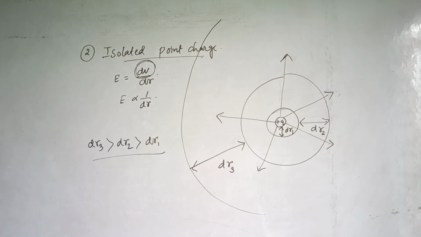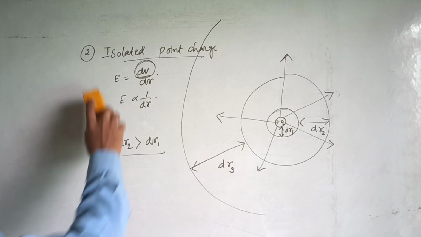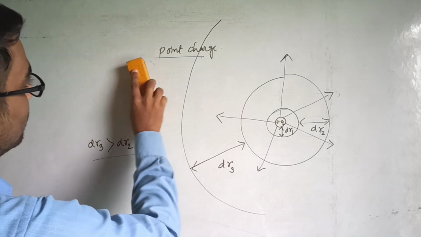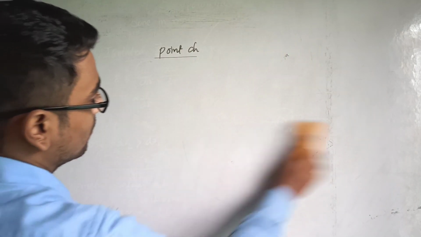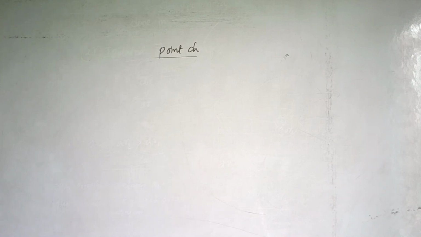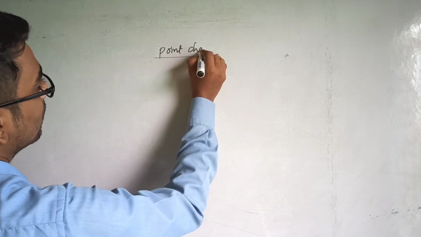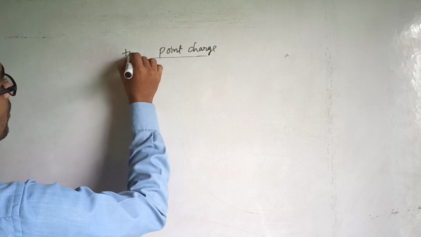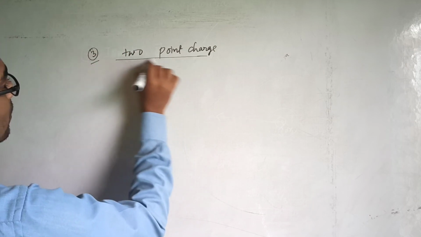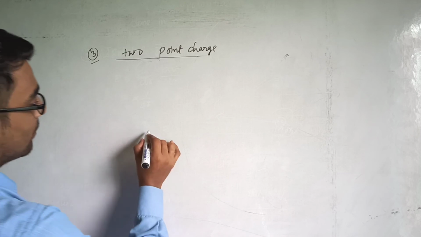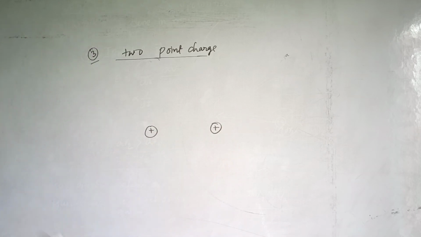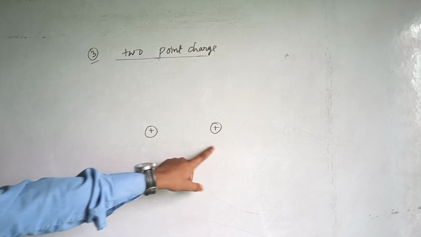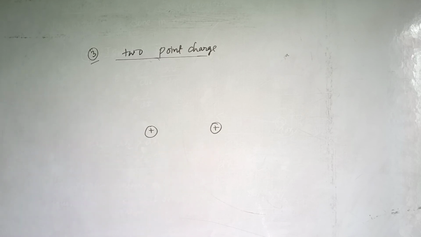The third case is for a system of two point charges. How to draw the equipotential surface? If we draw a plus charge over here, obviously there will be a repulsive force between two like charges.